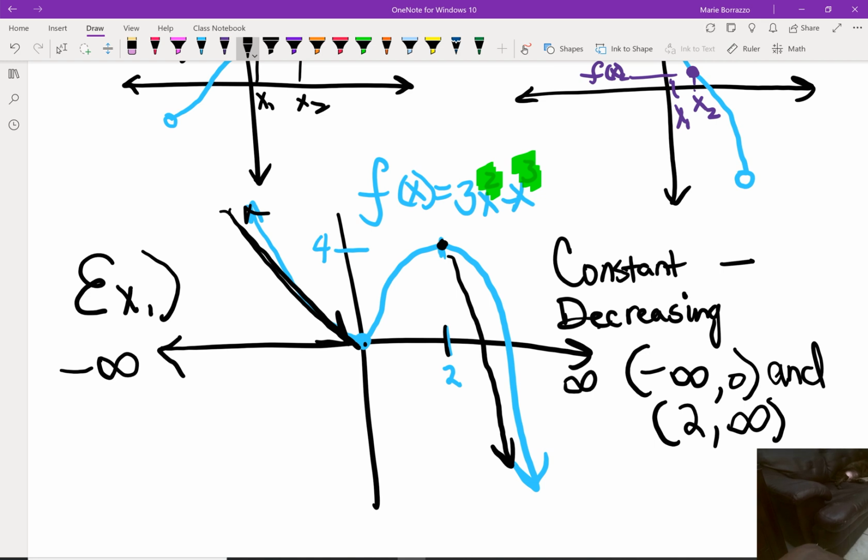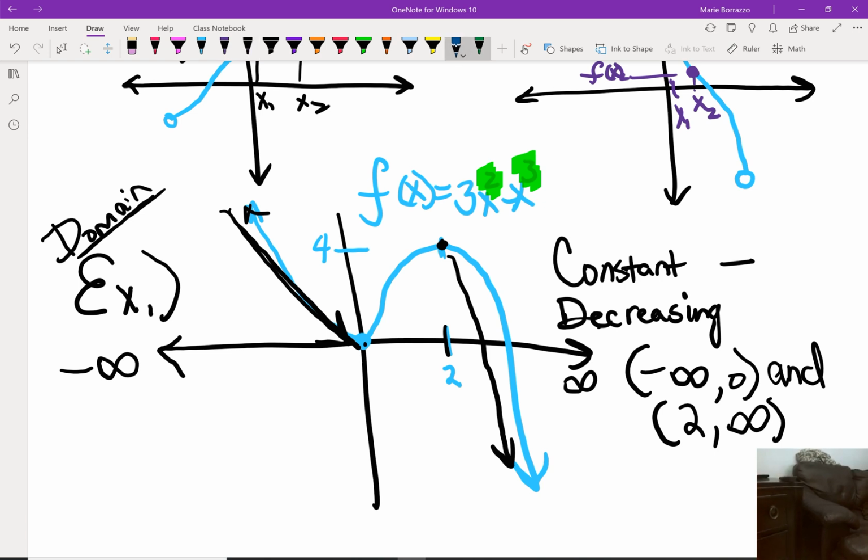Remember, we're focusing not on the range. We're focusing on the domain. A lot of students, year after year, always get confused whenever we talk about increasing, decreasing, and constant, because they're thinking range. No, no, no. Always domain only, x only.